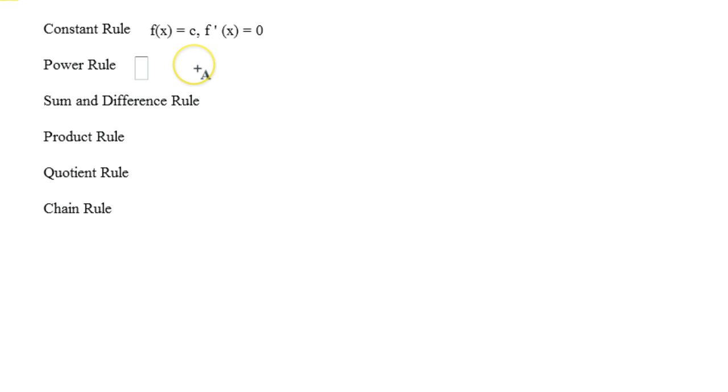Okay, now the power rule is if f of x is equal to x to the n power, then if I do the derivative of it, it's going to be n times x, but raised to the n minus 1 power.